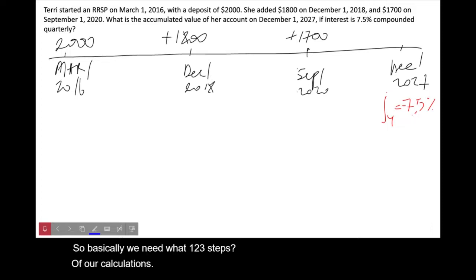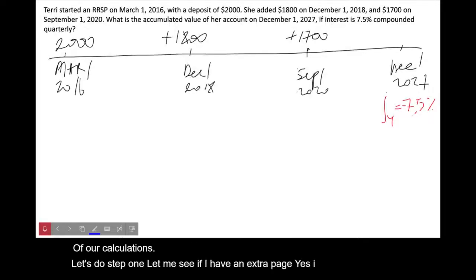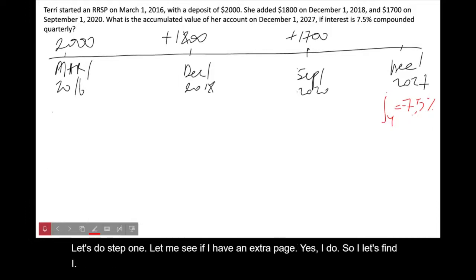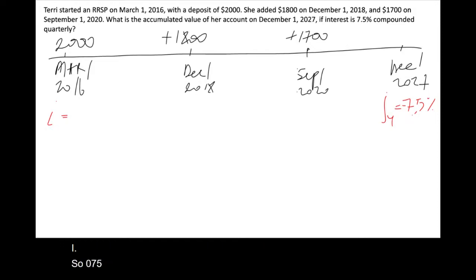Let's do step 1. So let's find I. 0.075 over 4, 0.01875.